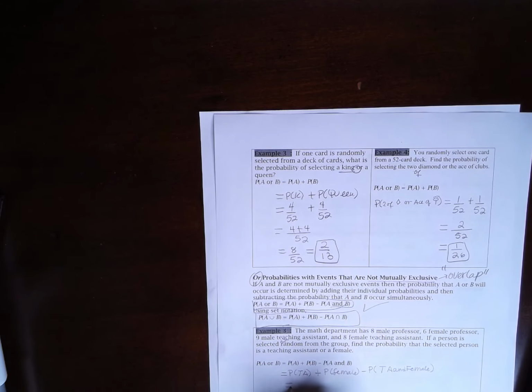So the probability of being a TA, so it says the math department has 8 male professors. They have 6 female professors. They have 9 male teaching assistants and 8 female teaching assistants.